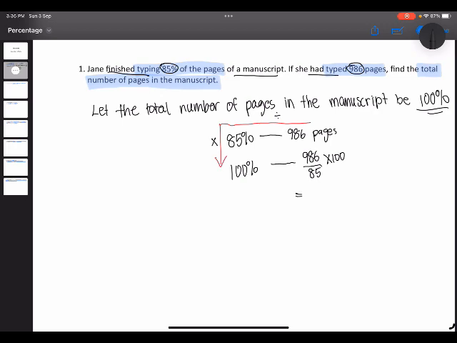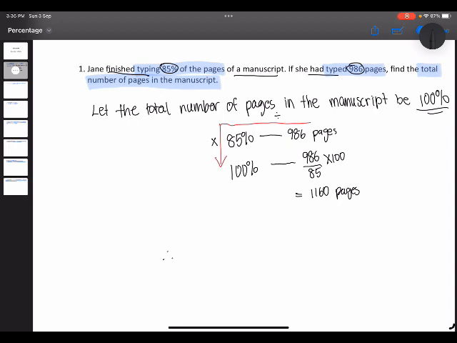When I press this in my calculator, it gives me a value of 1,106 pages. So let's write a statement to conclude our answer.